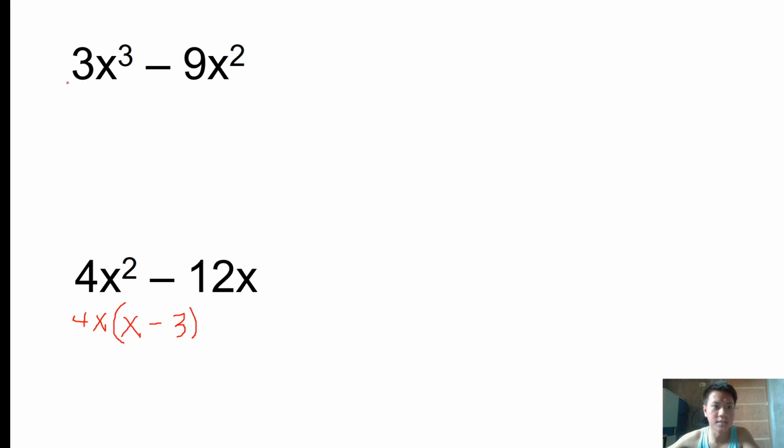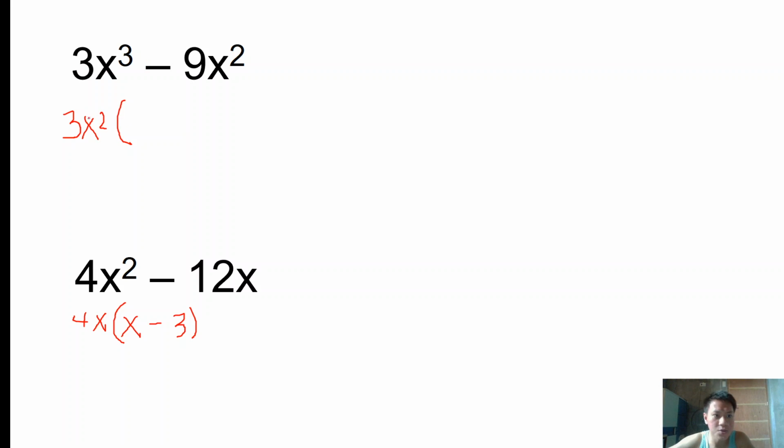Next is this one, 3x cubed minus 9x squared. Okay, we are also going to use greatest common factor here. Okay, because as you can see, both have a factor of 3 because 9, meron siyang factor na 3. Of course, 3 itself is a factor of 3. So, we're going to have 3. Both have x squared. Okay, so we have x squared.